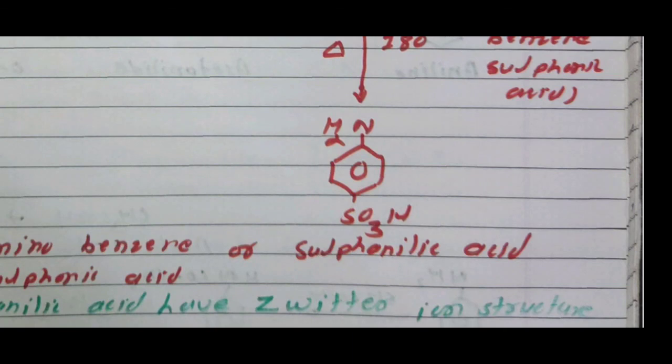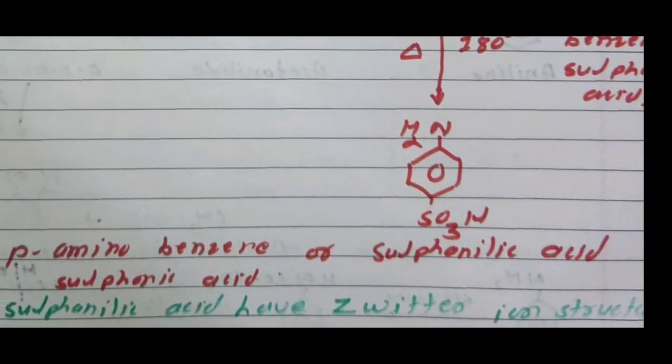The name of this compound is sulfanilic acid, that is, para-aminobenzene sulfonic acid.